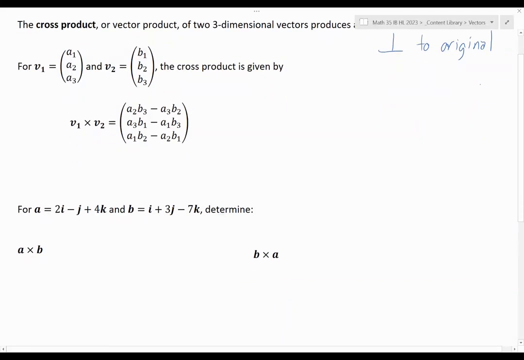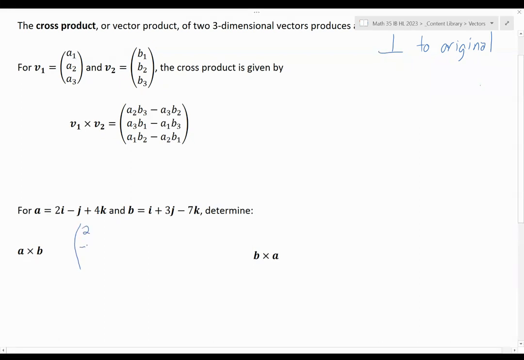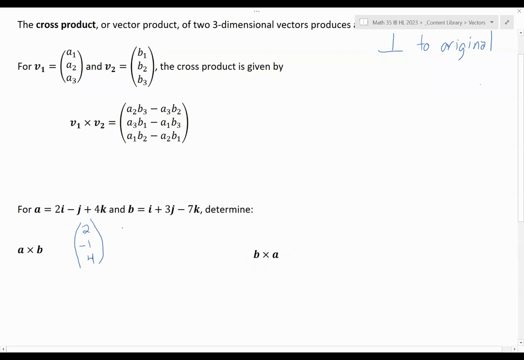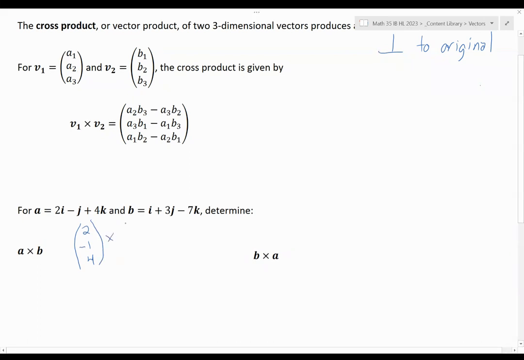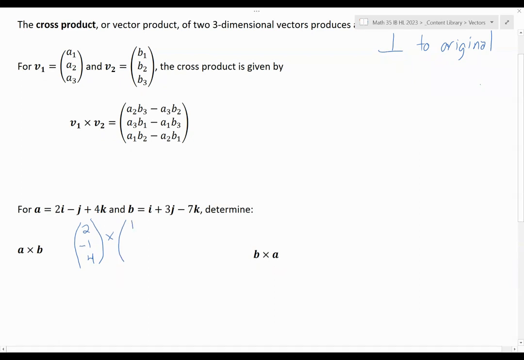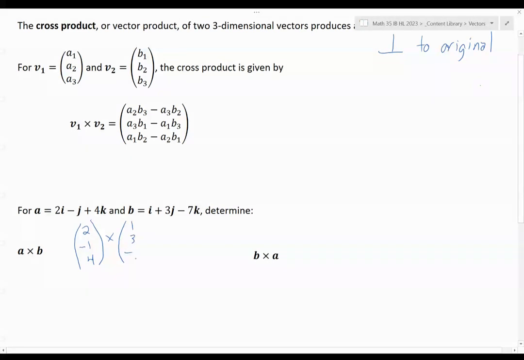I'm actually going to express these as vertical column vectors because I find that makes it easier for me to organize them. So if I have this A vector, which is 2, -1, 4, as a cross product with the B vector, which is 1, 3, -7.